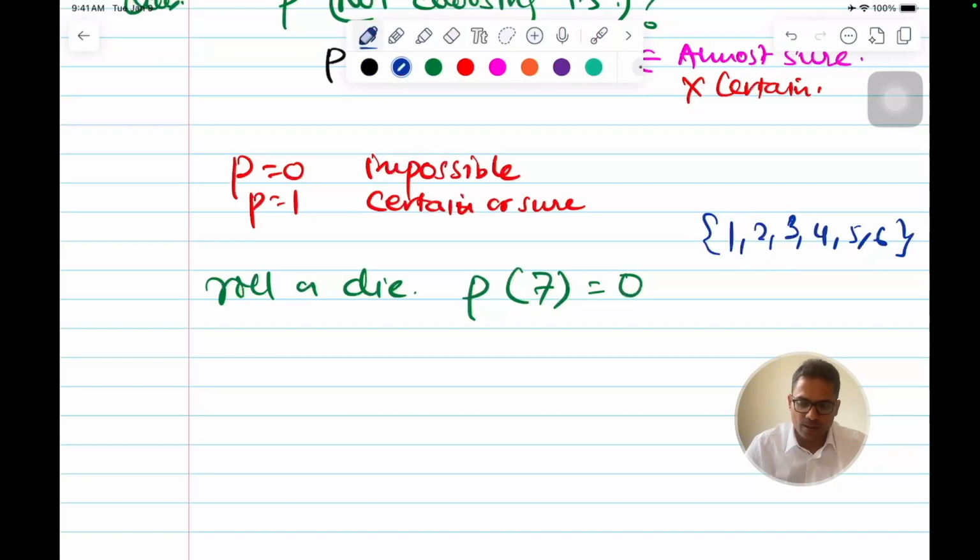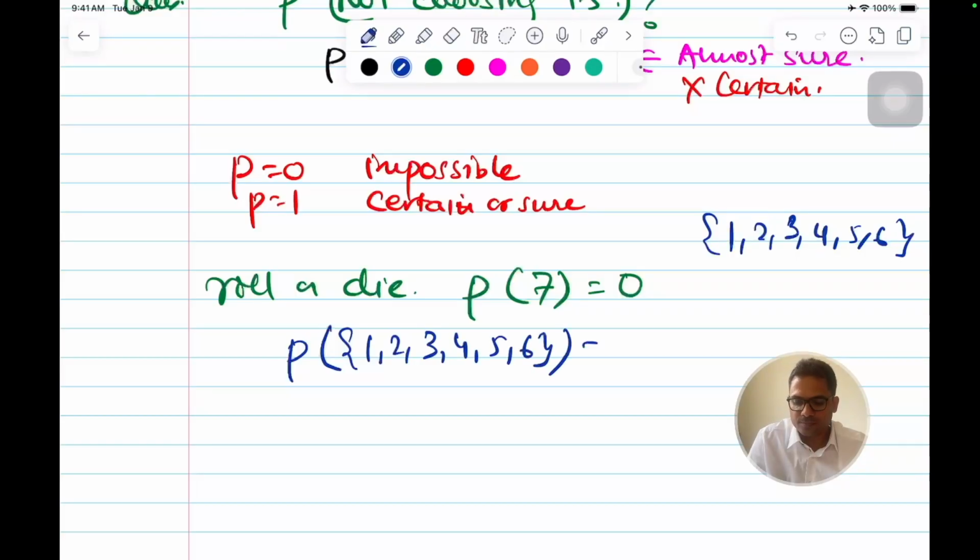And similarly, if I roll a die and ask what is the probability of getting any of 1, 2, 3, 4, 5 or 6, in this case we can say that it is sure that I will get one, and getting a 7 is impossible.